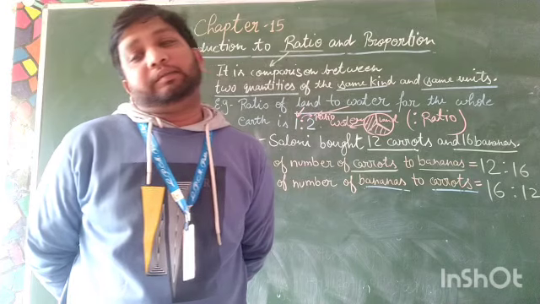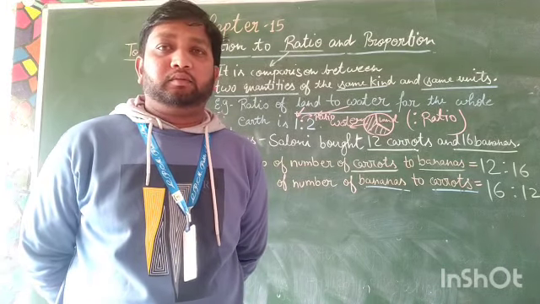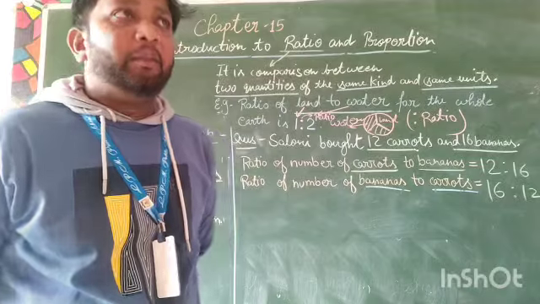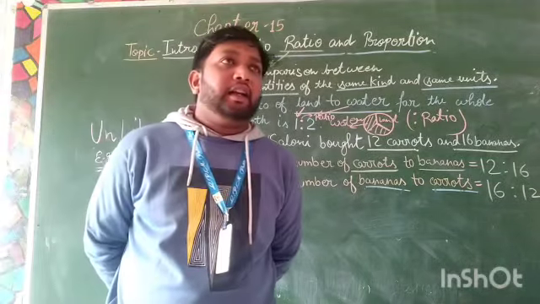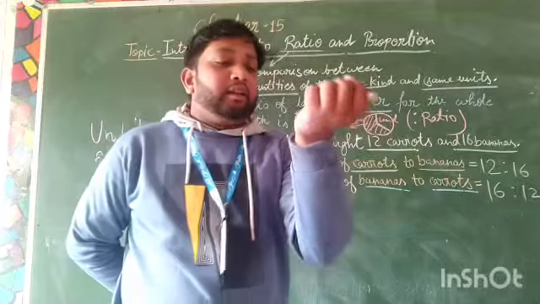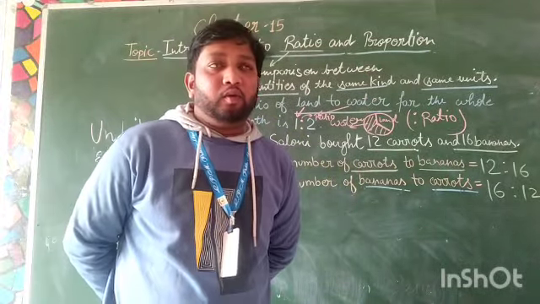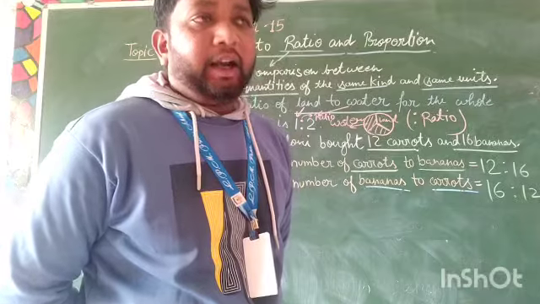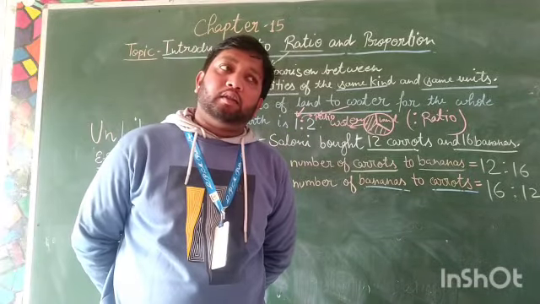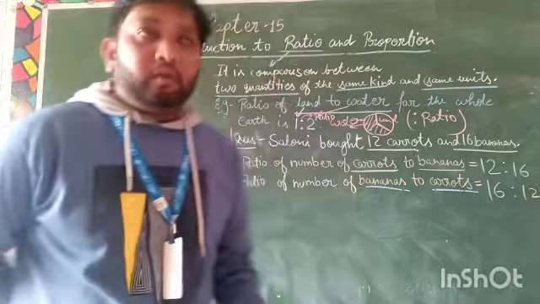If there is a measurement, there must be a unit, but in some cases there are no units, as in the case of ratio, because we compare quantities of the same kind and their units must be equal.